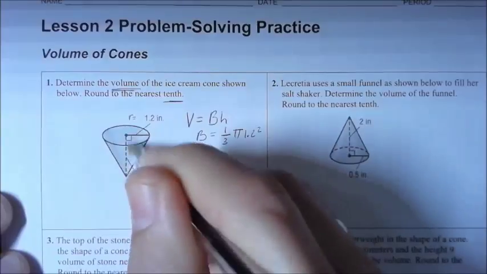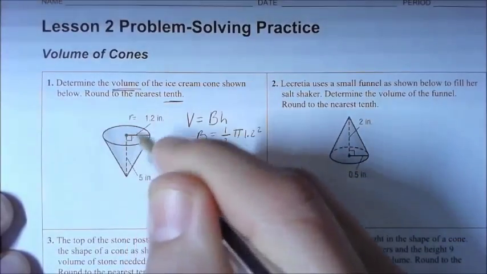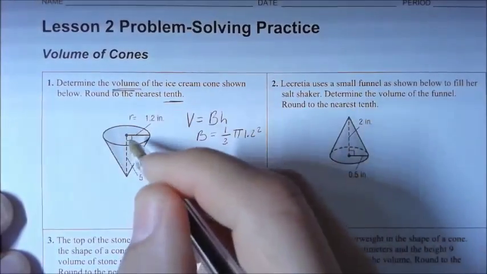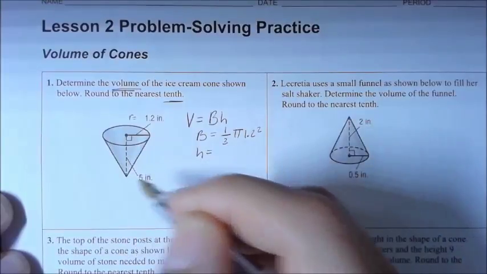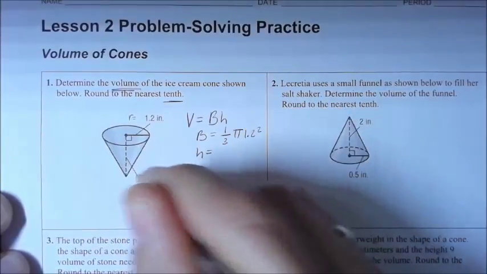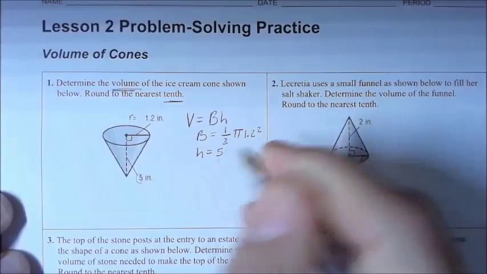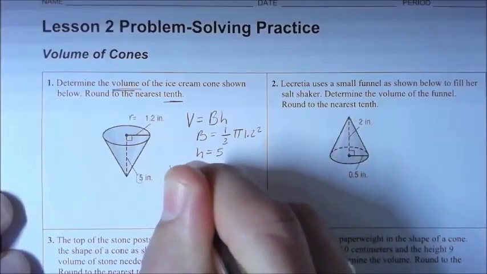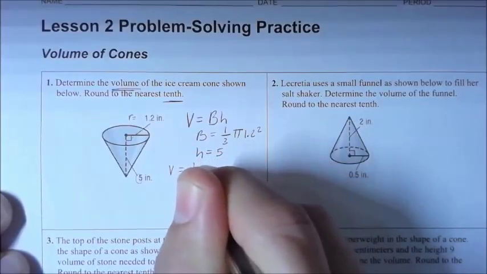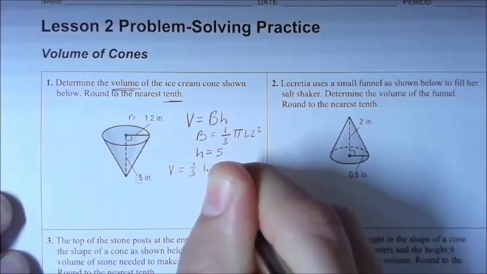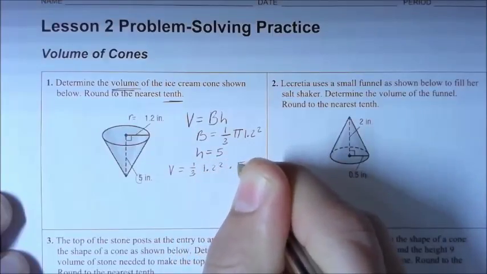Our height, right here up and down from the top and bottom of the figure, the distance between the base and the highest point on the figure, is going to be 5. So we're going to put our 5. Now we're going to bring that together. So we got 1/3 times 1.2 squared times 5.